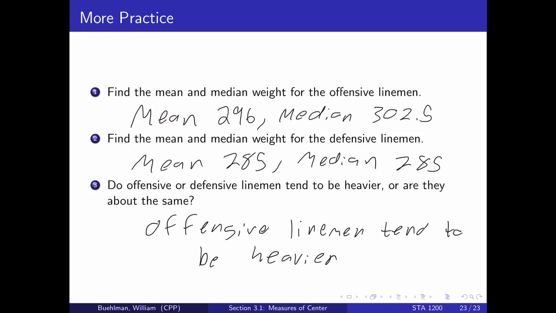Well, we see for offensive linemen, the mean is about 10 more than the mean for defensive linemen, and the median is about 20 more than the median for defensive linemen. So since the mean and the median are both larger for offensive linemen than defensive linemen, we're going to say that offensive linemen tend to be heavier.